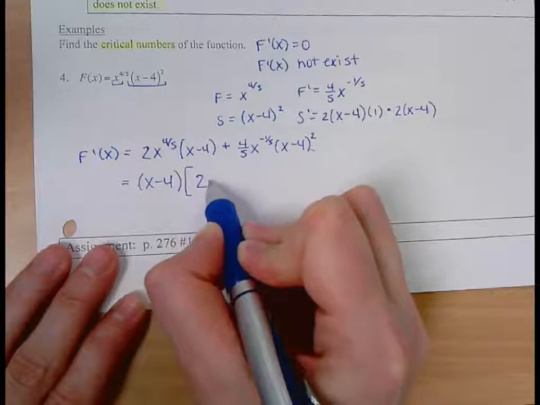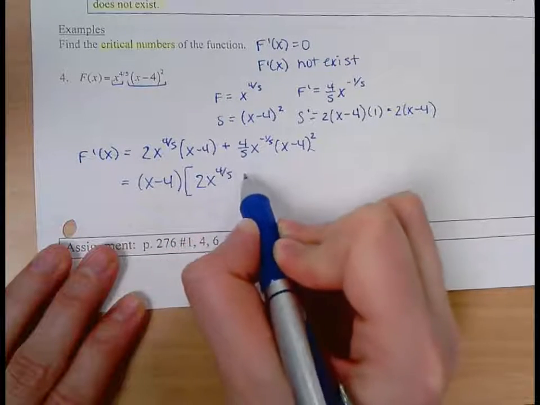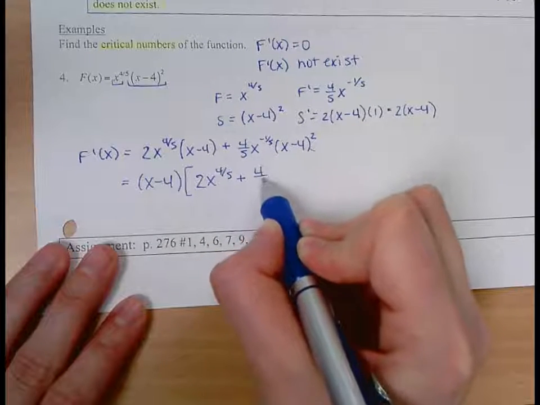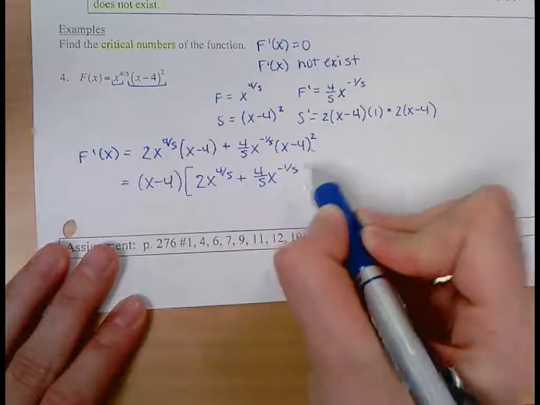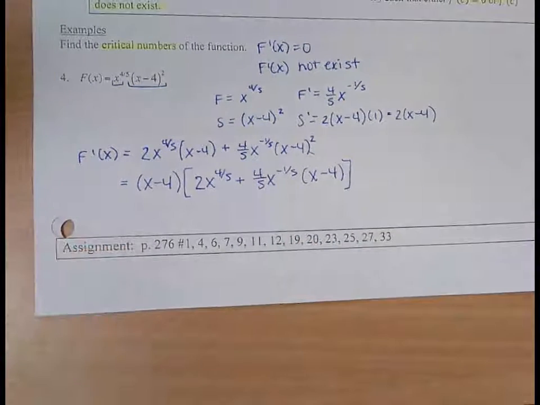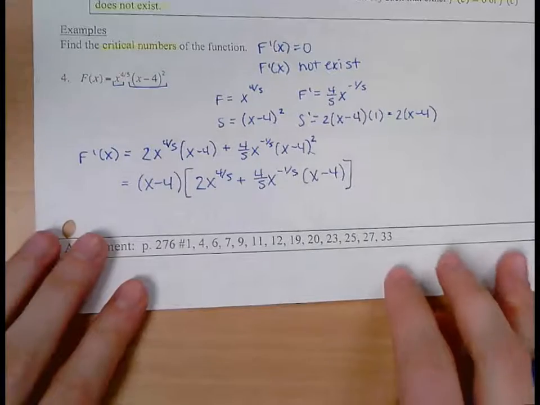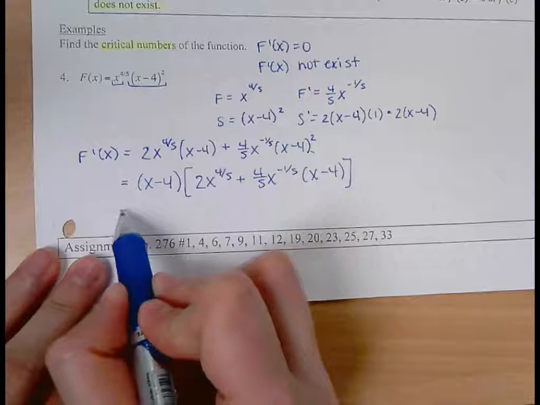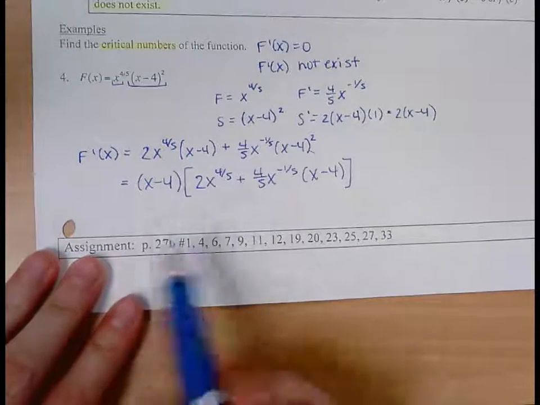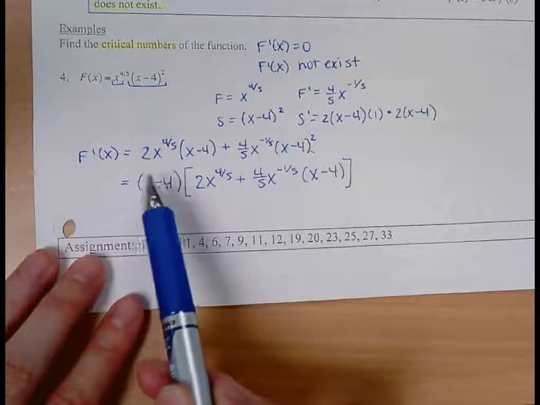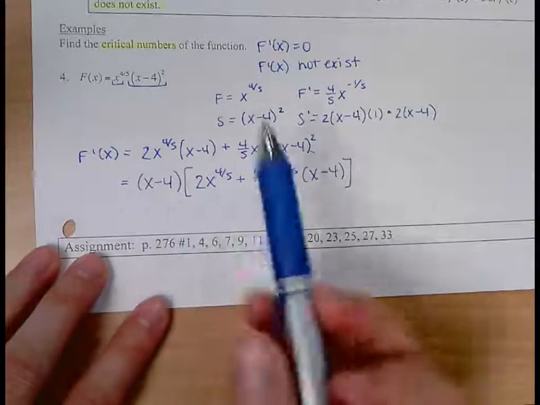And then you'd have 2x to the 4/5 plus 4/5 x to the negative 1/5 times x minus 4 to the first. And that would actually give you, I mean, this then is one factor, so you could set that equal to 0. That would give you one of your critical numbers.